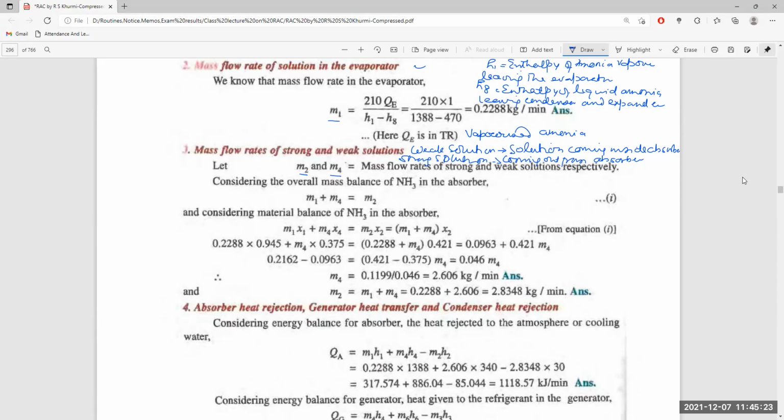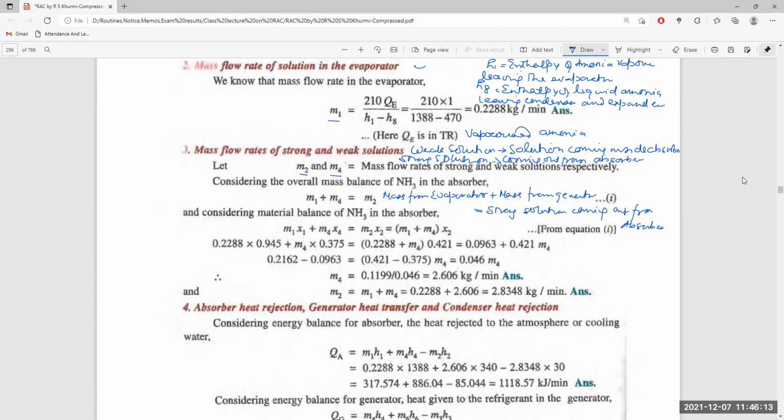That is, mass from the evaporator plus mass from the generator is equal to the strong solution coming out from the absorber. So M1 plus M4 is equal to M2.